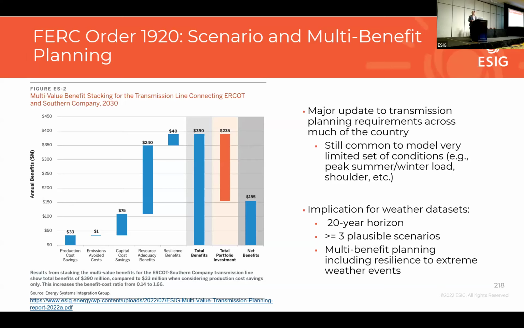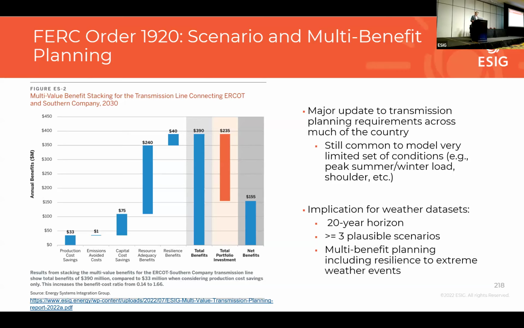The image I have here is from an ESIG report on multi-value transmission planning. So far I haven't seen a good image come out to demonstrate what FERC Order 1920 is, just a lot of legal language. Figured that wasn't super interesting to post here in a slide.